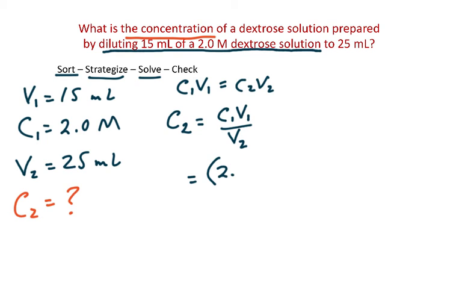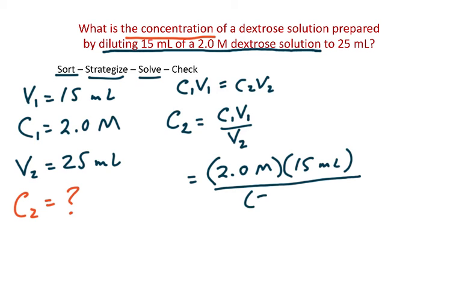So we have 2.0 molar times 15 milliliters divided by 25 milliliters equals C2. Notice the units. Milliliters cancels out. The volumes are both in the same unit, so that's fine. And our final answer will have units of molar.